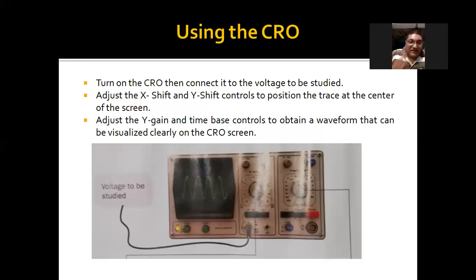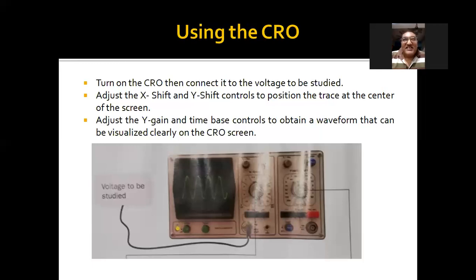You know, the screen of the CRO is like a graph. So on the Y axis of the CRO screen, the voltage is represented. It has squares, like squares on a graph paper.